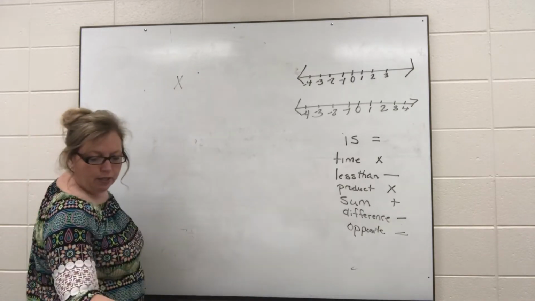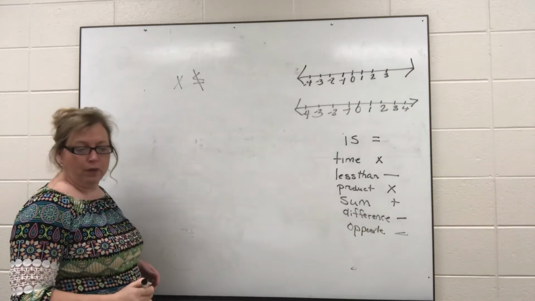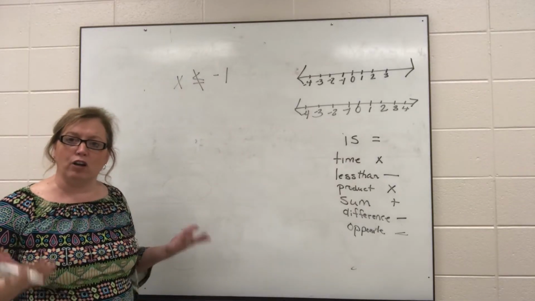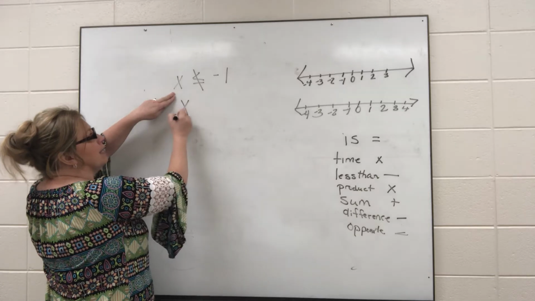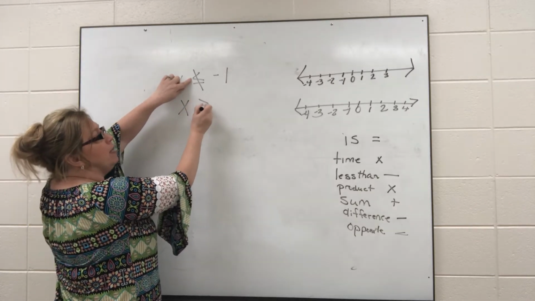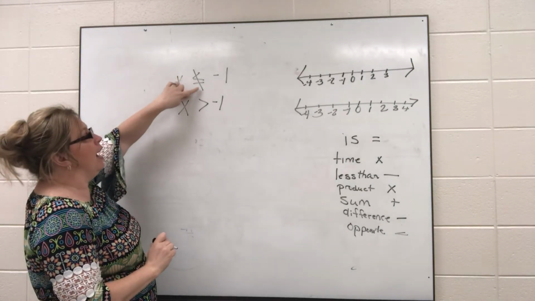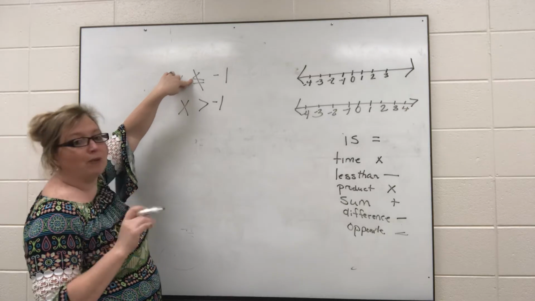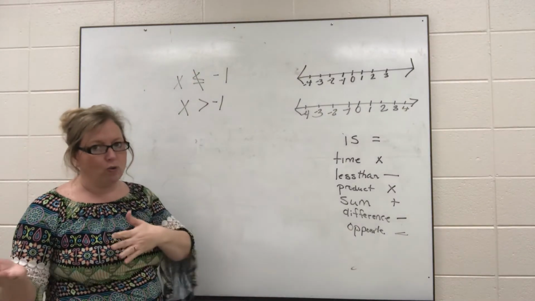I have to change that into making it a true statement. So what is x? Well, x then must be not less than, it must be greater than -1. It's not equal, so I can just forget the equals. And it said it was not less than. If it's not less than, it must be greater than.